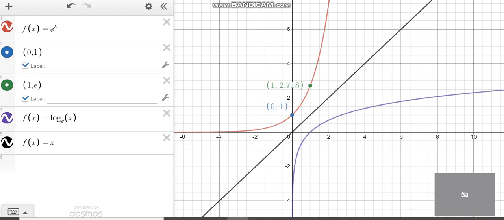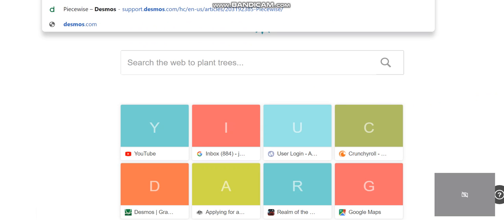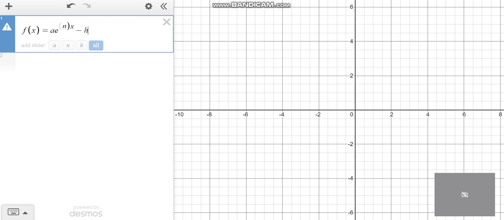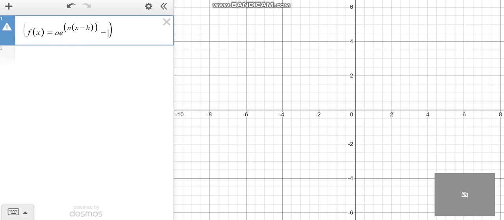I should have done this earlier. Search it up, and we do f of x equals a e to the power of n times x minus h, plus k.